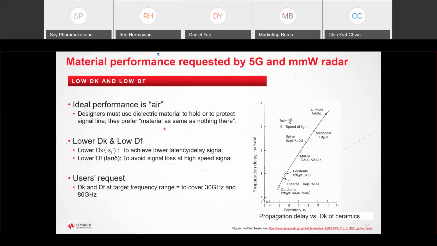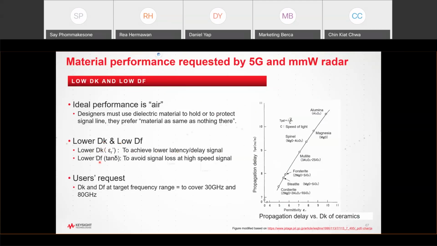It's like nothing there, even though there is some material there, but you want to make it like nothing there. So that way you don't lose any energy, or you don't have any effect by putting in additional material. For example, here, lower DK and DF, lower DK or lower dielectric constant or permittivity, the real part of permittivity, to achieve lower latency or delay in signal.